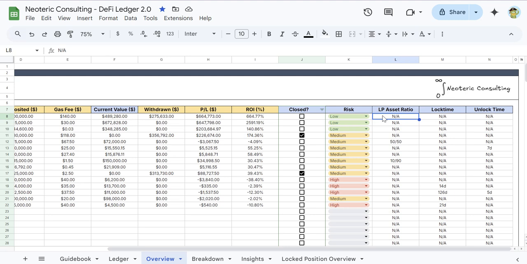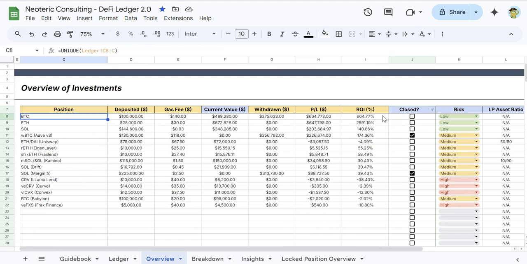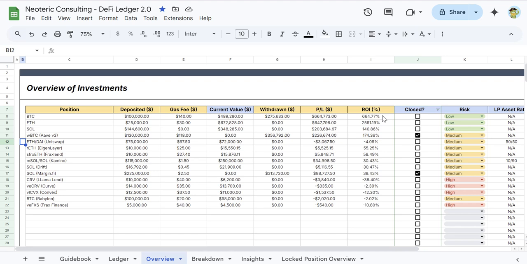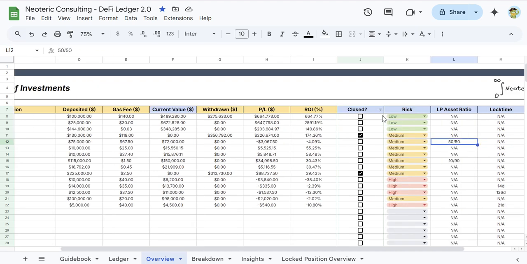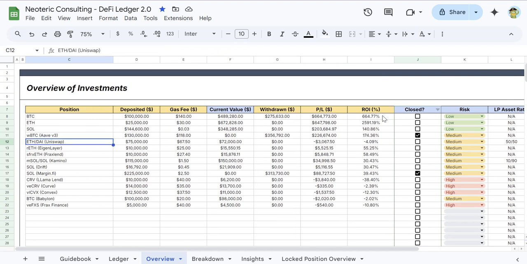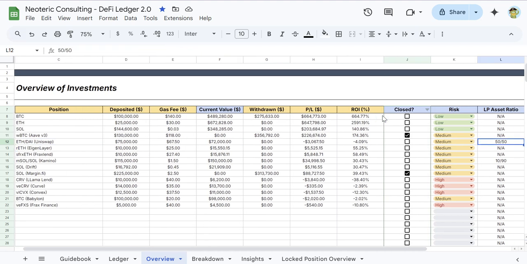So what is an LP, a liquidity pool sort of position? Bitcoin isn't, ETH isn't, Sol isn't, this isn't, well, this is. And this is the only one, except for MSOL, Sol, and Camino, that is an LP in this particular example. So I'm assuming this is a Uni V2 pool, which has a 50-50 LP asset ratio.